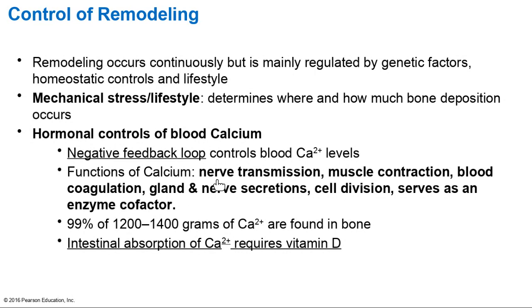So again, reiterating all of the different roles that calcium plays and why it's important to maintain proper levels of calcium. Also recall that you need vitamin D in the intestines in order to absorb calcium.